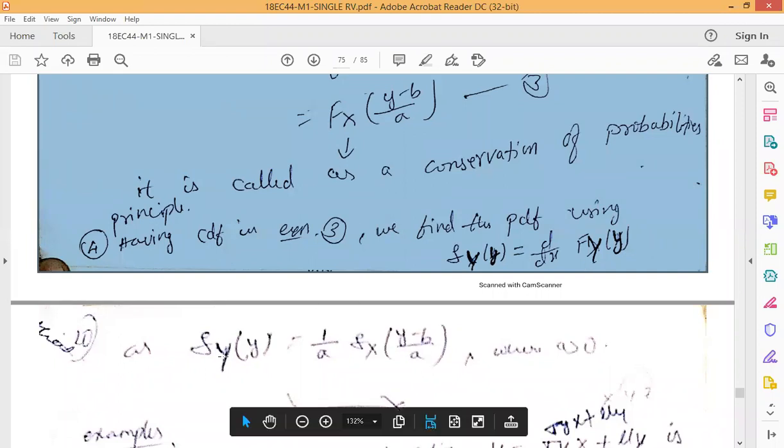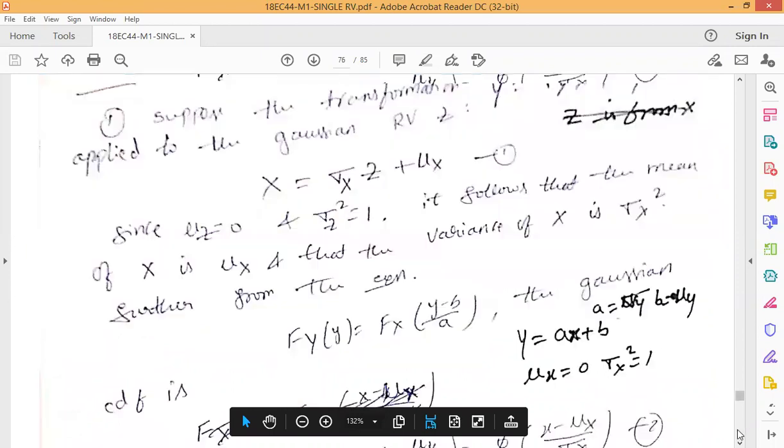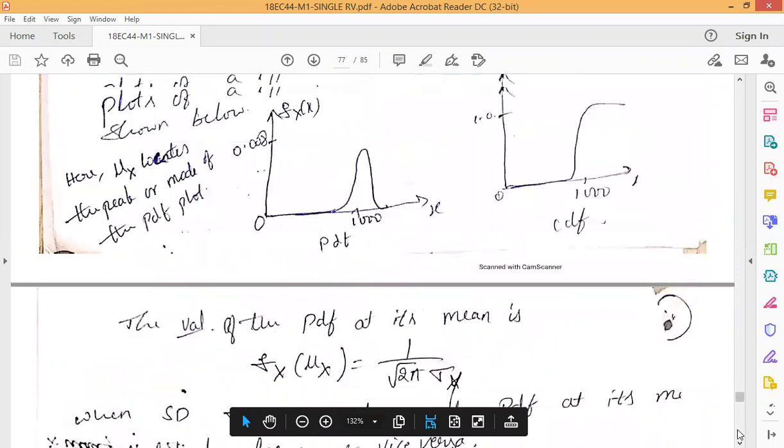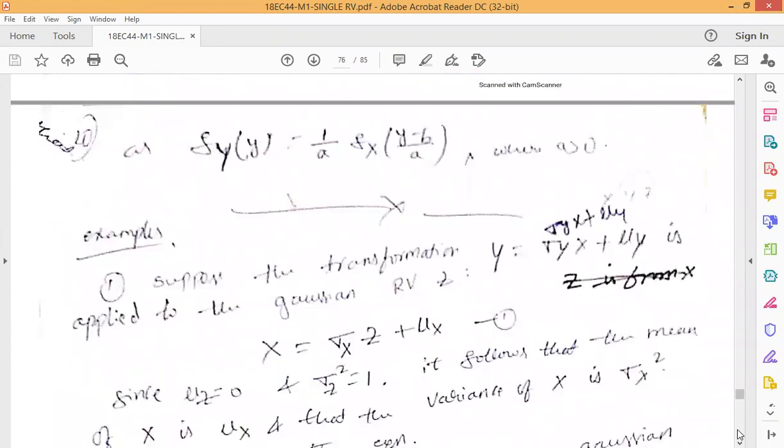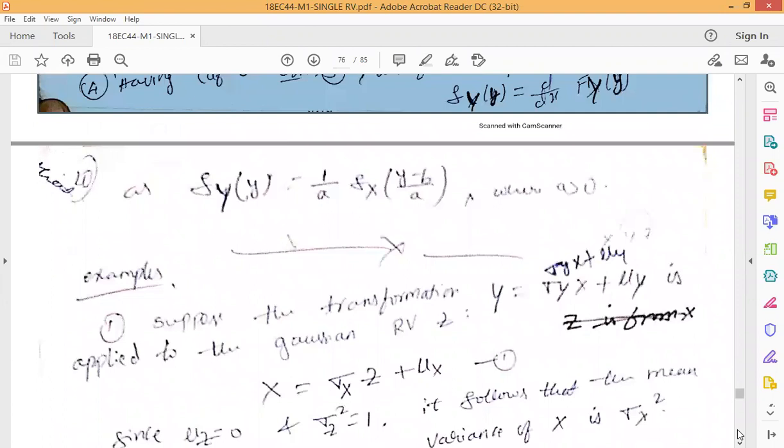The differentiation of this will be 1/a times f_X((y - b)/a), where a is greater than 0. So that is the equation for the PDF. This is one example which shows the mapping of one variable into another variable.